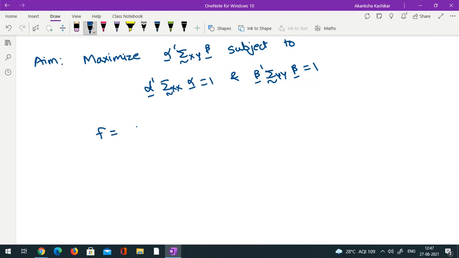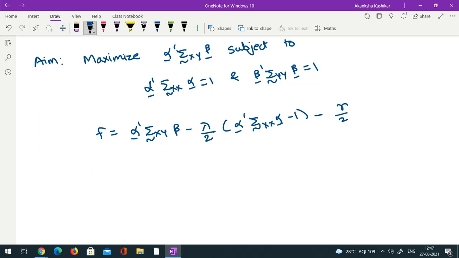So the function becomes alpha prime sigma xy beta, and I need to worry about the constraints. Constraints you express as left hand side equal to 0, so I need to shift my ones to the left side. So the constraints would be lambda by 2, just for convenience, alpha prime sigma xx alpha minus 1, this is the first constraint.